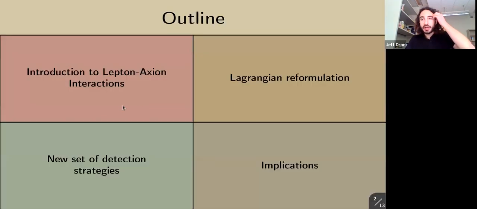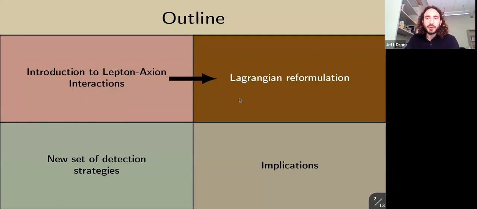So here's the outline of what I want to talk about today. I want to start with giving you an introduction to lepton-axion interactions generally. And really the high point of my talk, if you wish, will be the second part, which will be reformulating the usual Lagrangian that we discuss in this context in a way that's going to make a few very interesting results manifest. So I'll go over how that works.